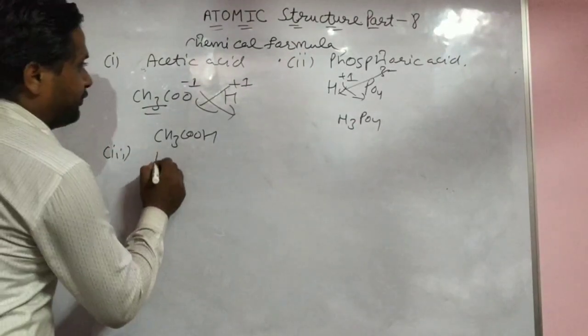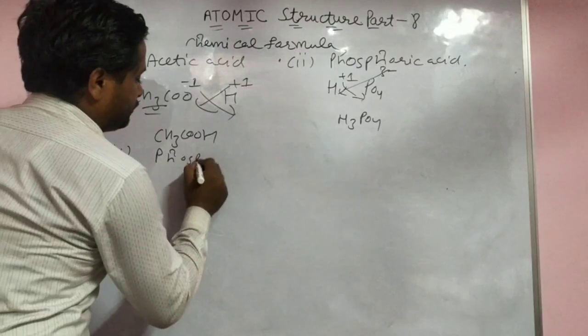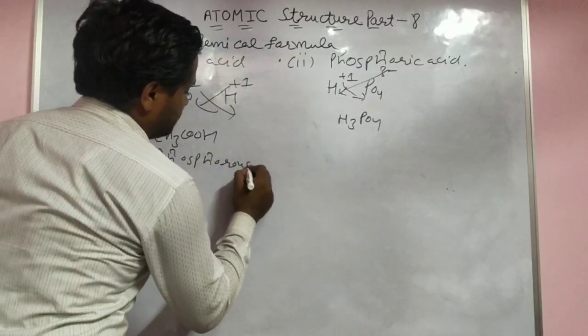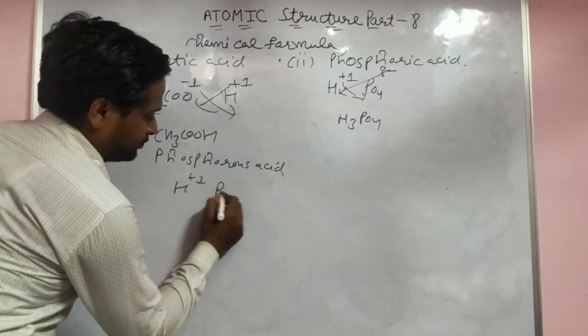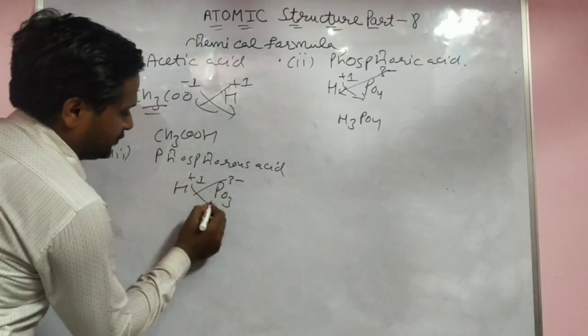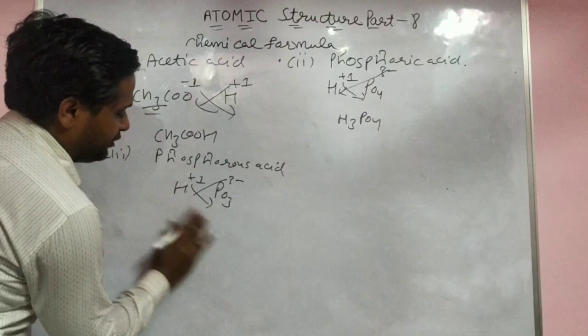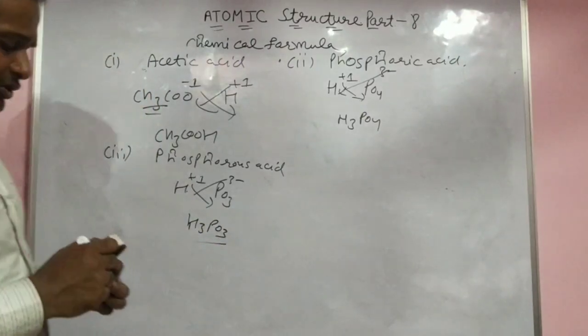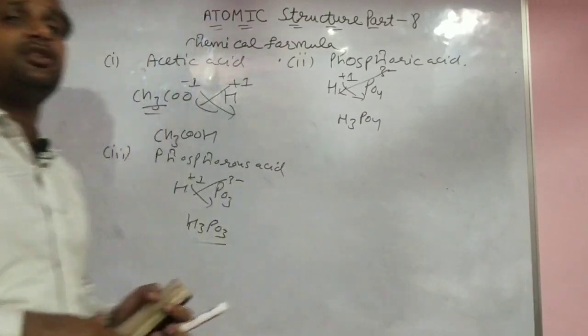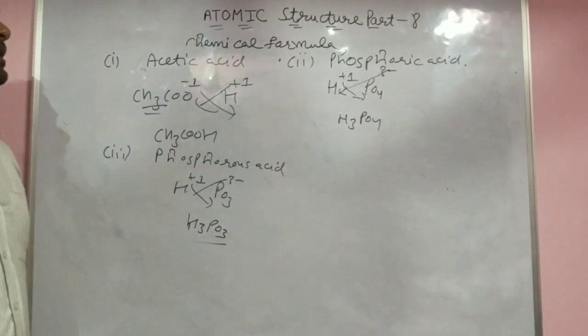Then phosphorus acid, with one oxygen less; here we use phosphite. A lot of other acids we are able to make by using this crisscross method.